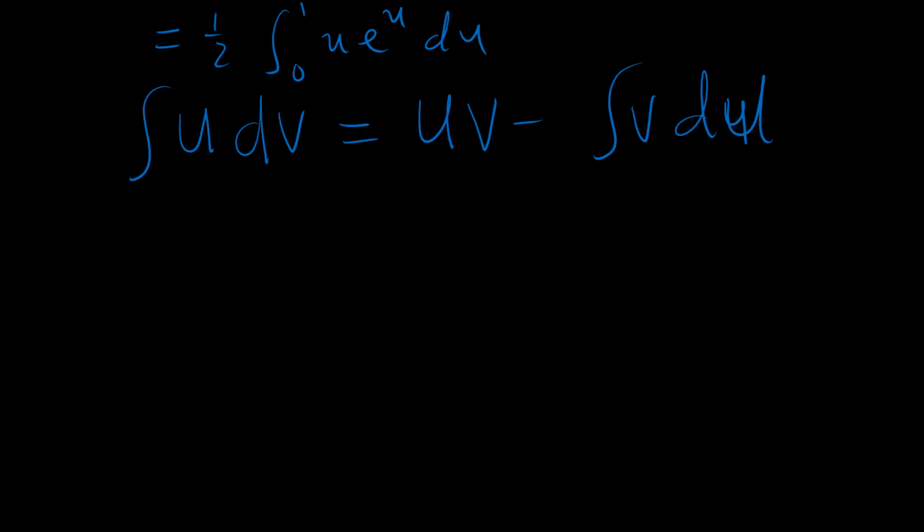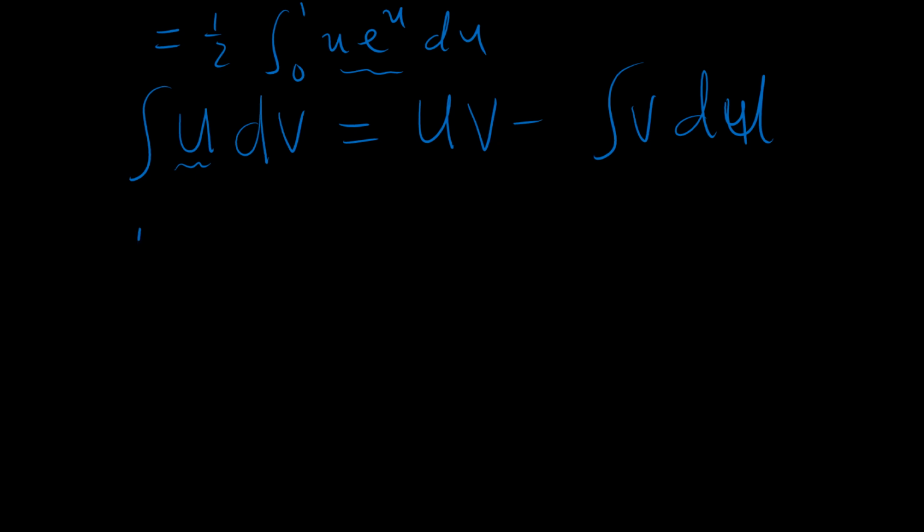So here in this integral, if we take small u to be capital U and dV to be e to the power u du, and since the derivative of e to the power u is the same as e to the power u, then V is the same as e to the power u.